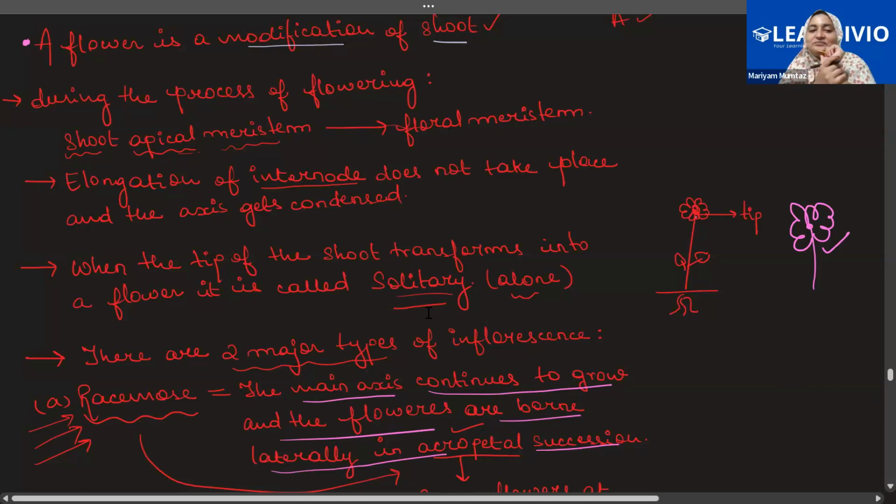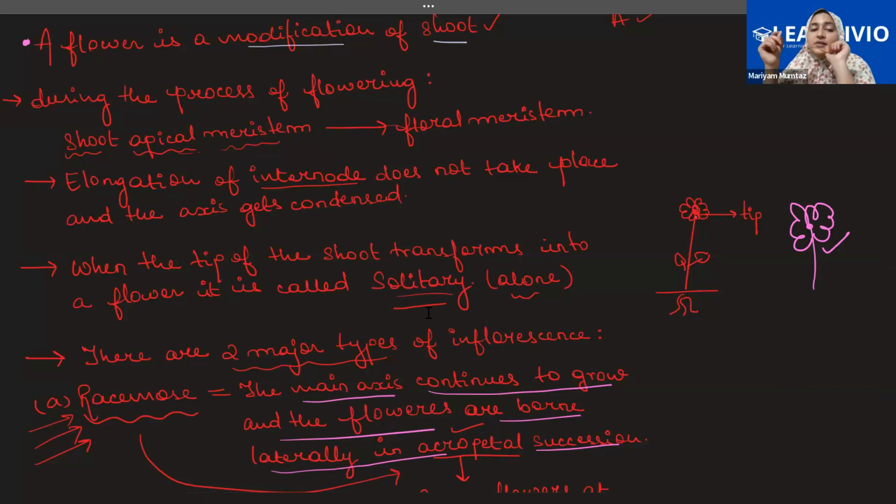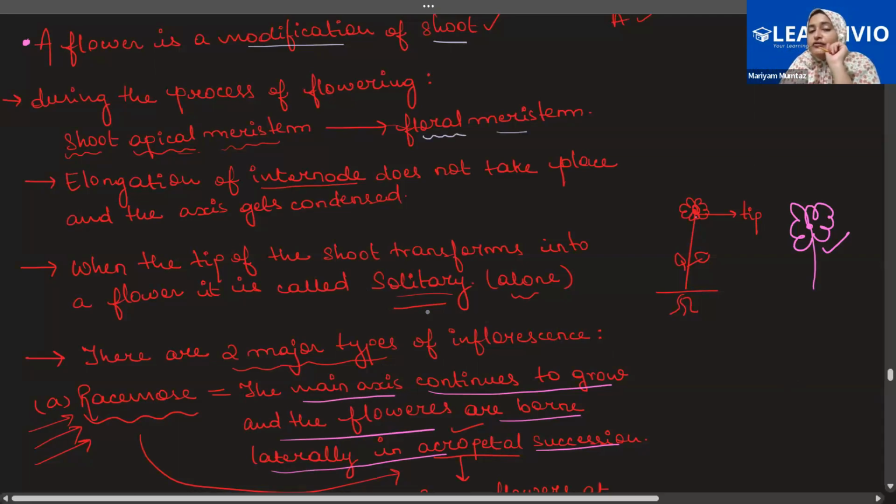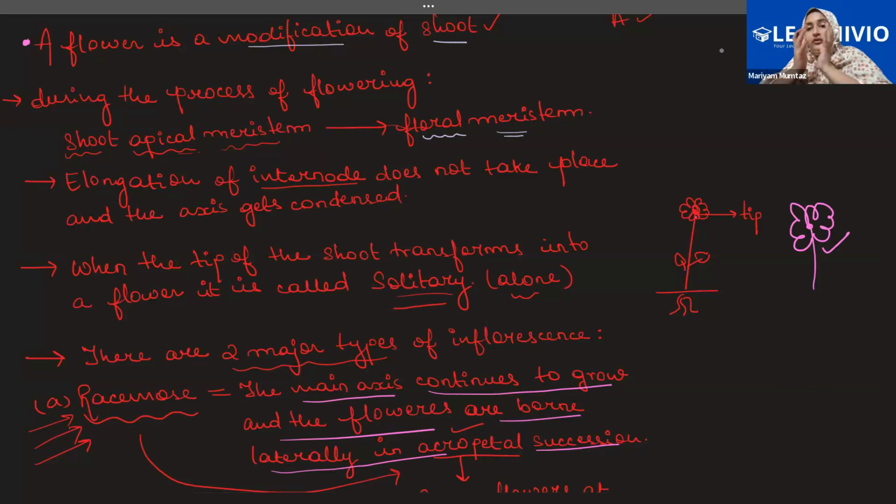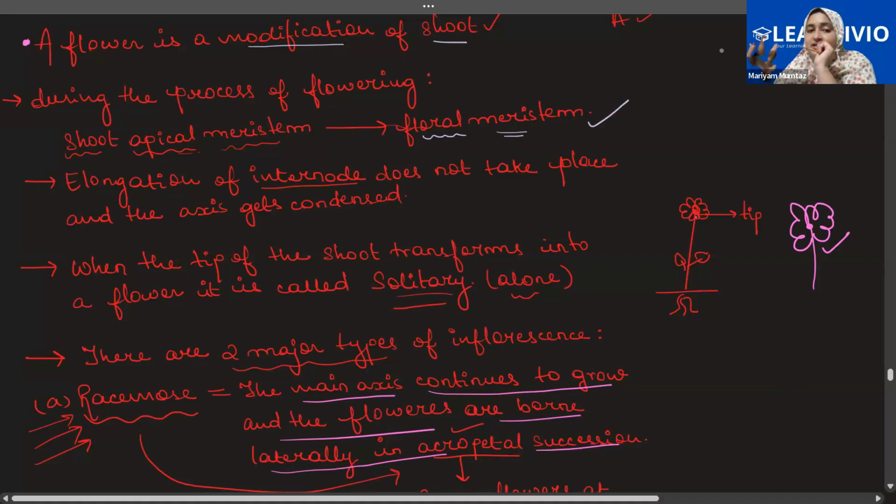Been a while. Okay. So yeah, shoot apical meristem is that dividing cell or meristem that is present at the tip of the shoot. From that, the conversion takes place into floral meristem. It means that the shoot apical meristem gets transformed into the floral meristem and then flowering starts.